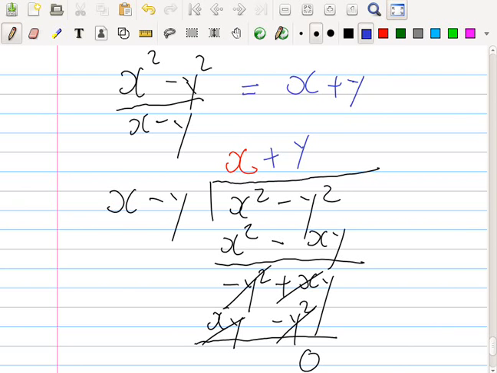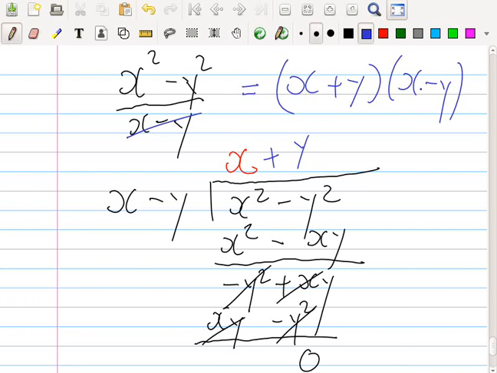And for those who can think back to middle school, if you were to bring this x minus y up to the right, what formula would you have there? What's it called? Anyone know in English? Difference of two squares. You might have seen this formula in middle school. x squared minus y squared equals x plus y times x minus y.